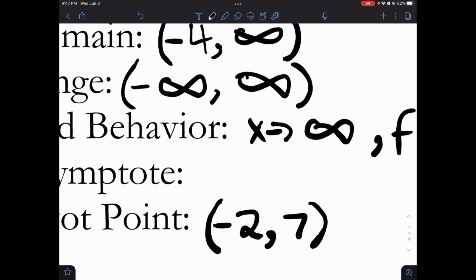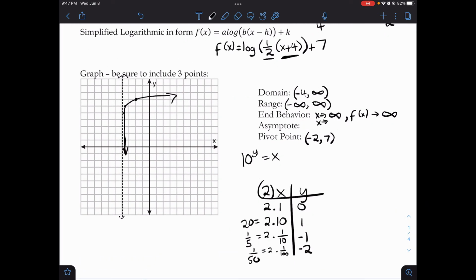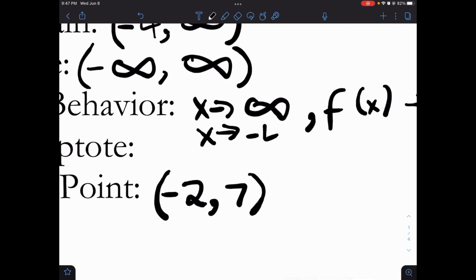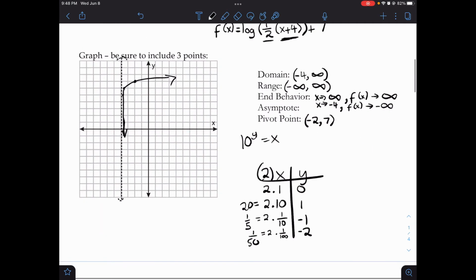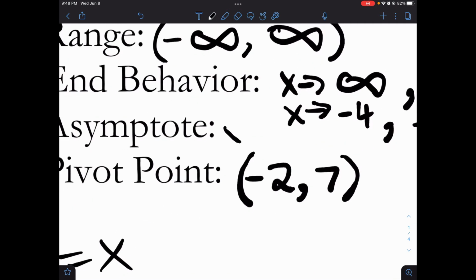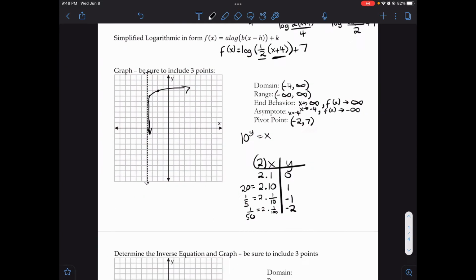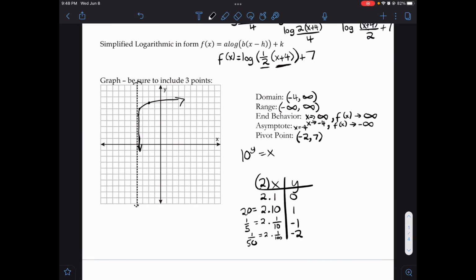But x cannot reach anything below -4. And as x reaches -4, y reaches -infinity. And our asymptote is at x is equal to -4. And there we go. We have graphed this function right here.